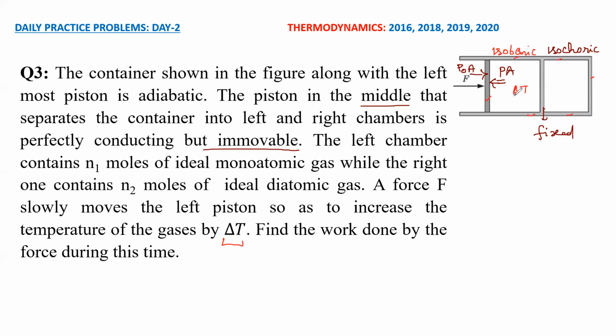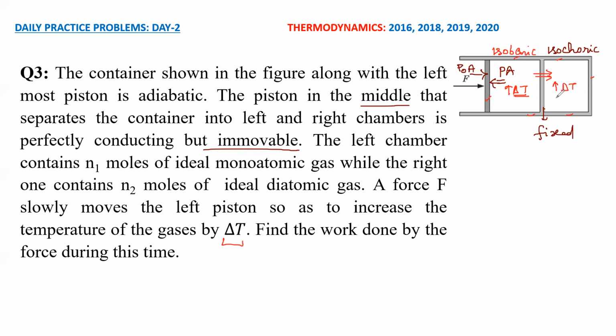So if the temperature here rises by delta T, even here also it rises by delta T, because the middle piston is perfectly conductive. That's why. And therefore, we can understand that both the chambers have increased their temperatures by delta T.